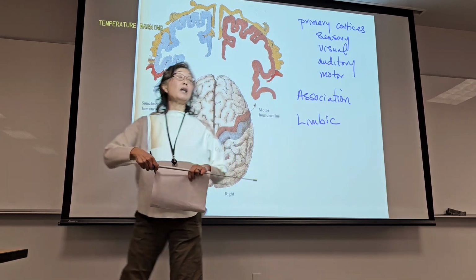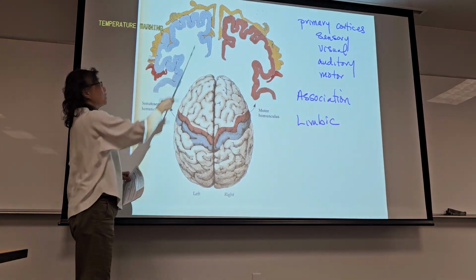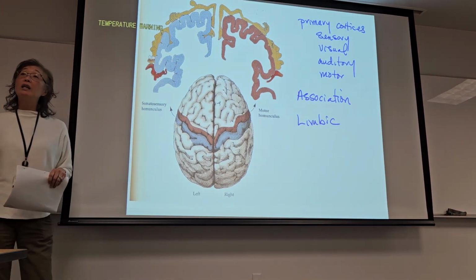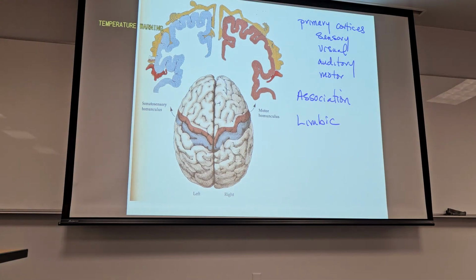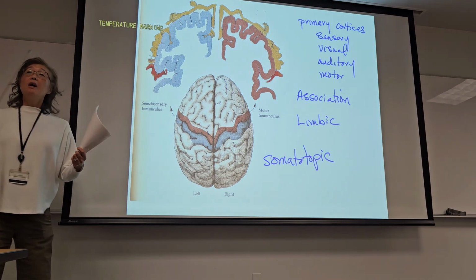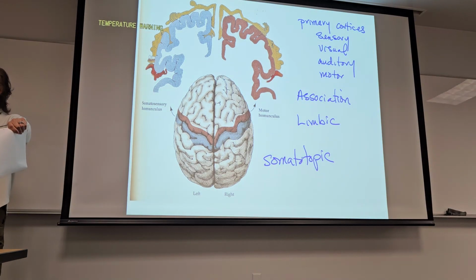And that location tells us which part of the cortex is associated with which part of your body. So the motor and sensory cortex are highly, we call, somatotopic organization. Somatotopic meaning what is next to my body.